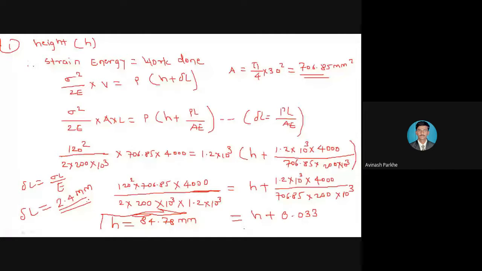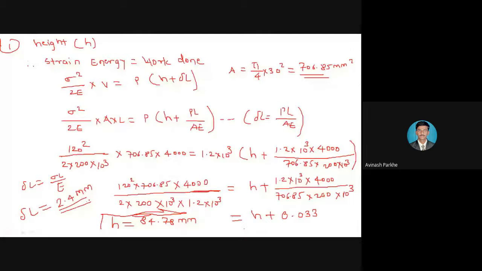So how to solve problems based on the impact load? Please focus on it. How to identify it? Whether the falling height is given, or the word impact is mentioned in the statement, or the load is falling from a certain height. From that we can immediately say it is the third type, a problem based on the impact loading condition. Only two formulas are there.